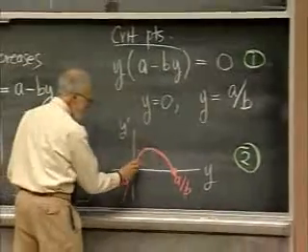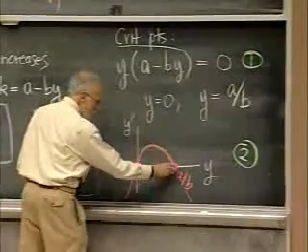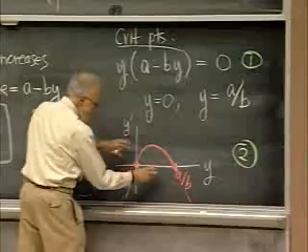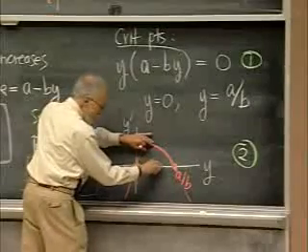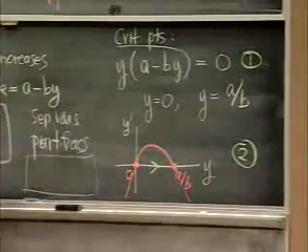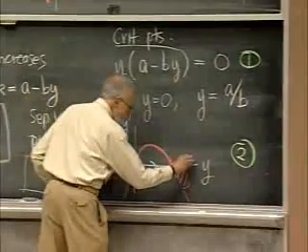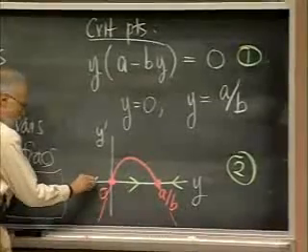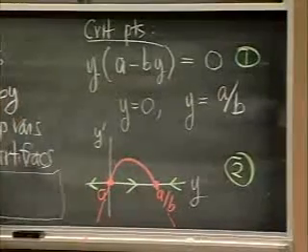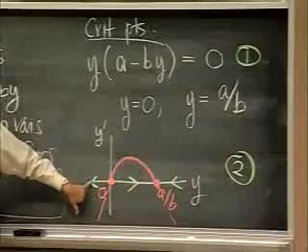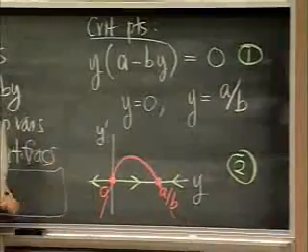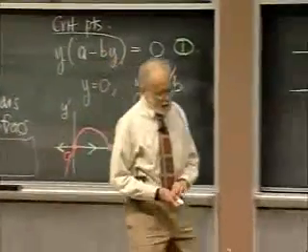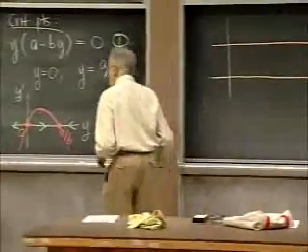Well, it's positive here for this range of values of y. Since it's positive there, it will be increasing there. Here it's negative, and therefore it will be decreasing. Here it's negative, and therefore dy dt will be negative also, and therefore the function y will be decreasing here. So how do these other solutions look? Well, we can put them in.